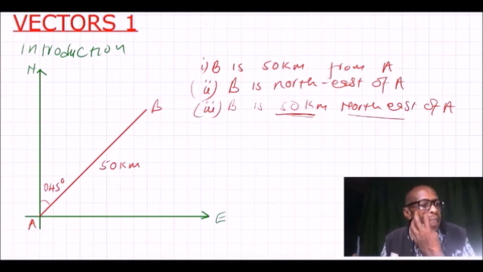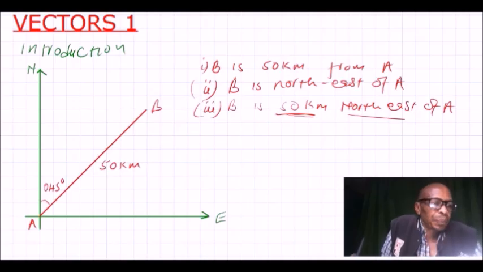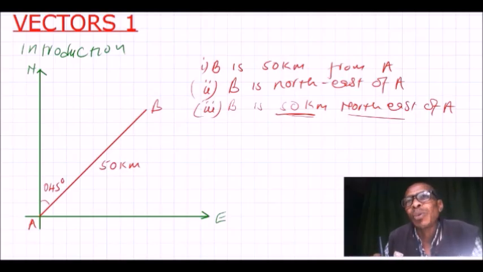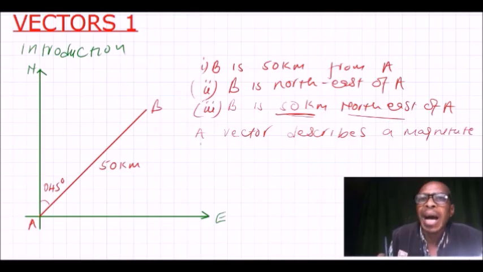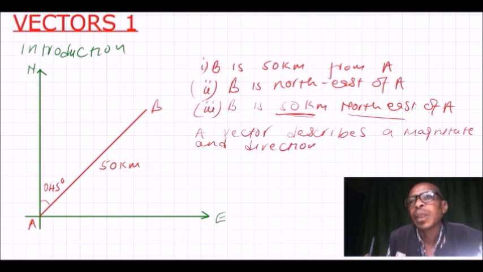So when we describe this, this is what we call a vector. So a vector describes a magnitude and direction of a quantity.